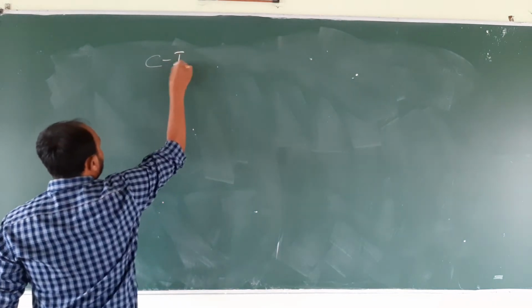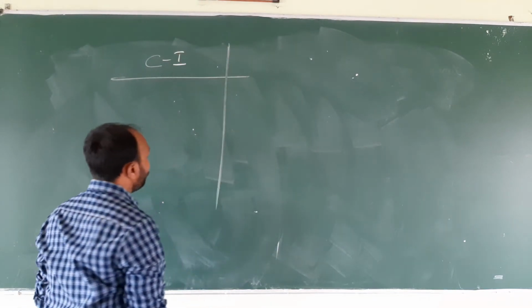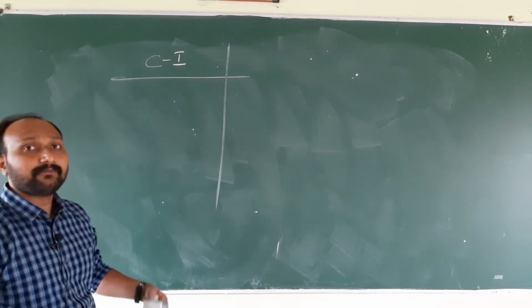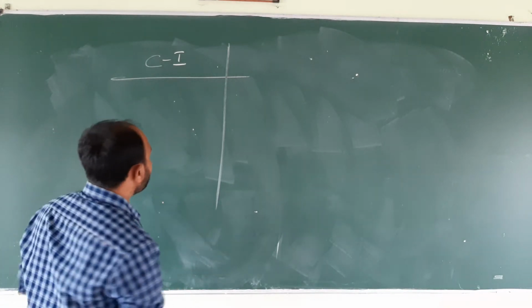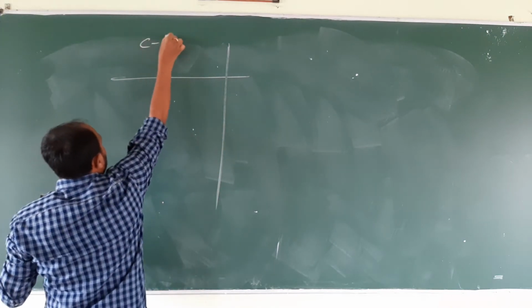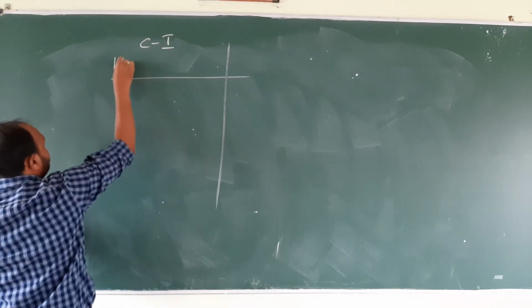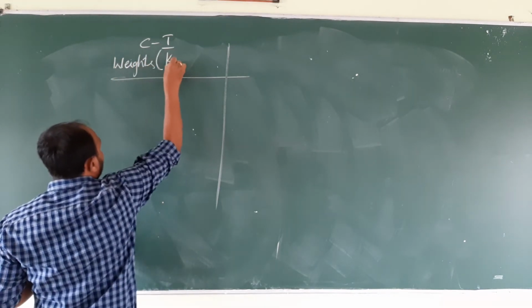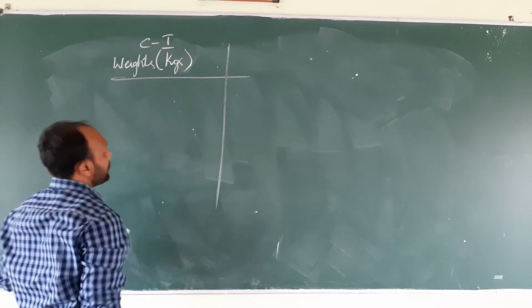First column, class interval. What does it indicate? Class interval indicates the weights, isn't it? Class interval indicates weights. How are you going to measure weights? Weights are measured in kgs.